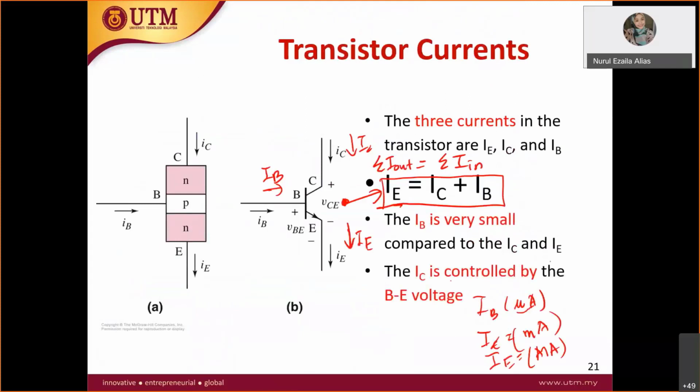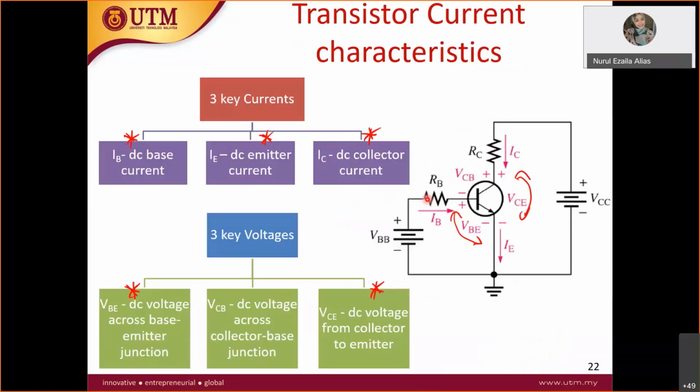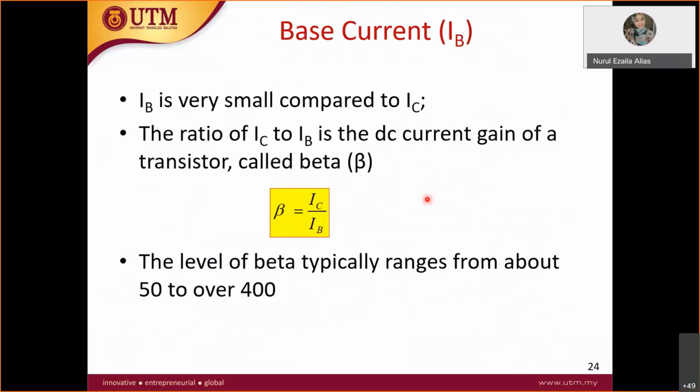From this, if we neglect IB, because IB is in microamperes, then IC is approximately equal to IE. The other parameter is beta. Most of the time a BJT is used as an amplifier, so a BJT has a beta value.